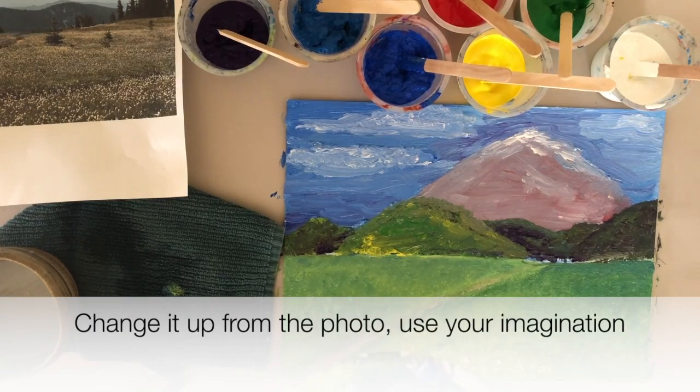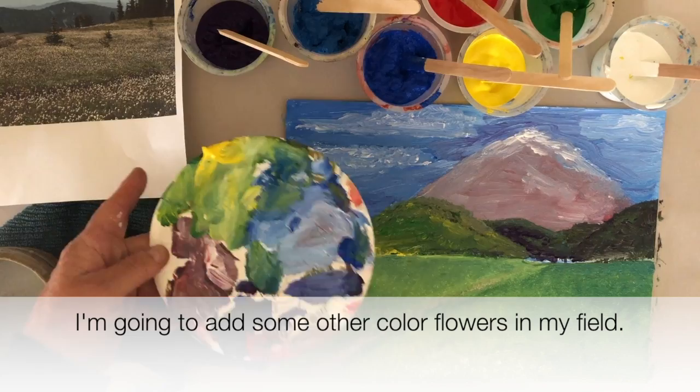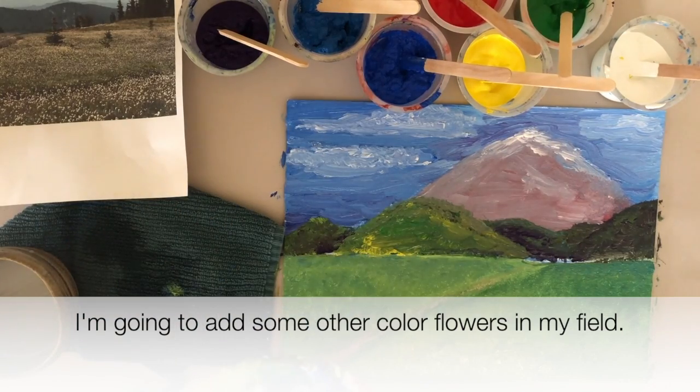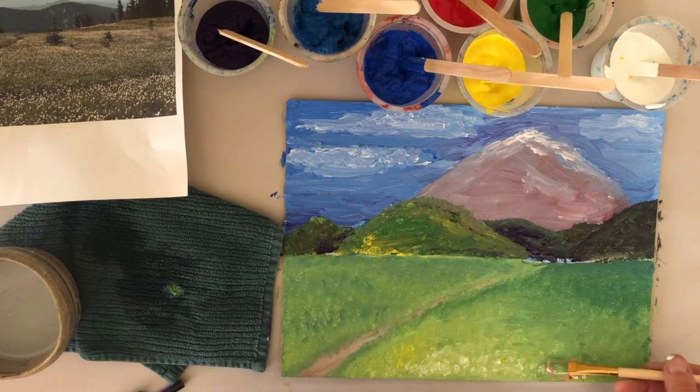You know, and I'm kind of thinking I might want another color. Because, you know, we're using this picture, this photograph, but it's just an inspiration. And I'm going, you know, I would like a little pop of maybe some pink little flowers down in this corner here.